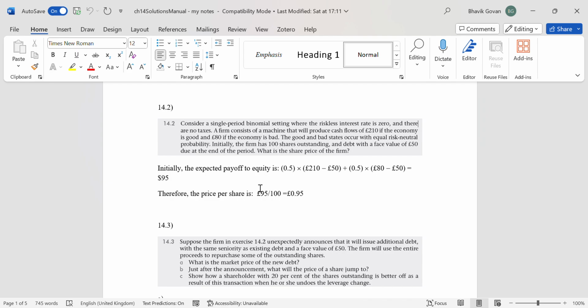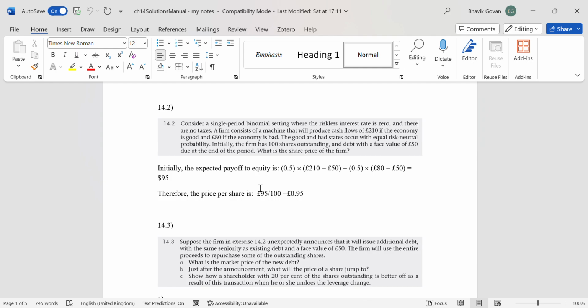So they've given us two scenarios of equal risk neutral probability. So that just tells you that the probability is 50% or 0.5 for each scenario. So the expected payoff to the equity holders will be 0.5 times 210 in the one scenario minus the 50 that you pay for debt, and then plus the 0.5 times the 80 in the second scenario minus the 50, which is due to the debt holders, and that'll give you your equity value of 95.